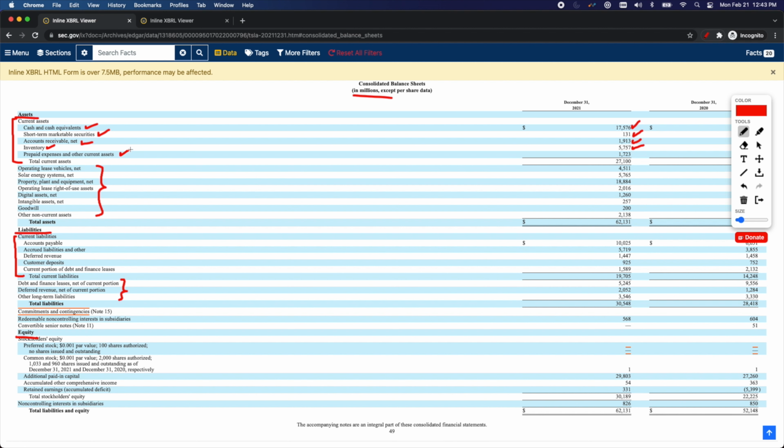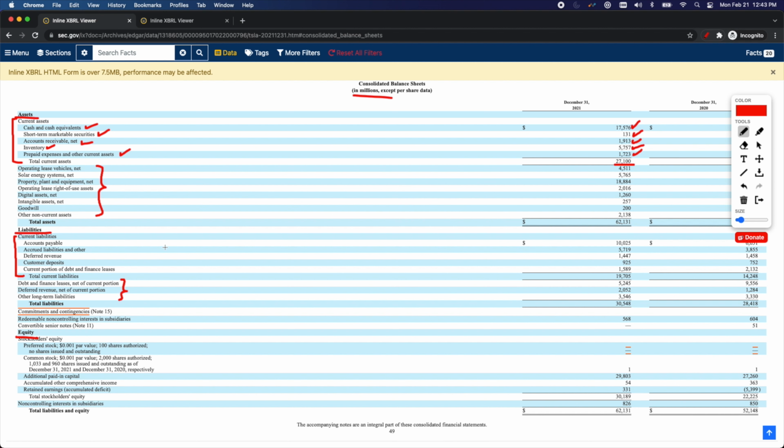And also some prepaid expenses and other assets, $1.7 billion worth of that. If we add everything up, we get $27.1 billion worth of current assets. I will come back to the non-current assets in a second.